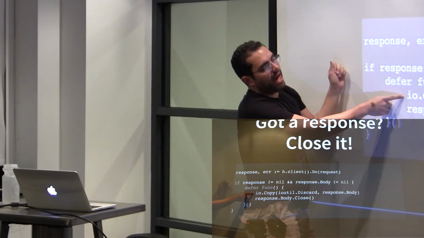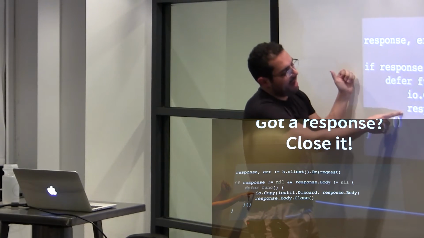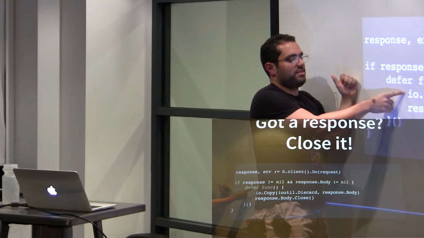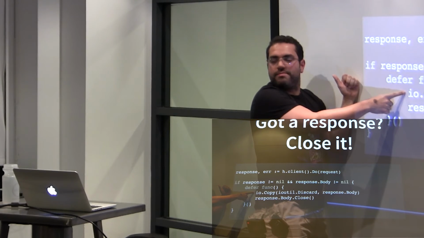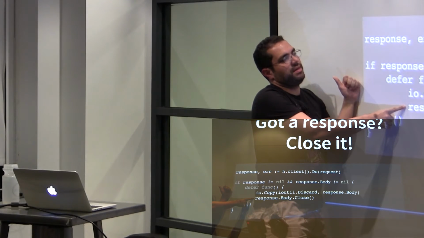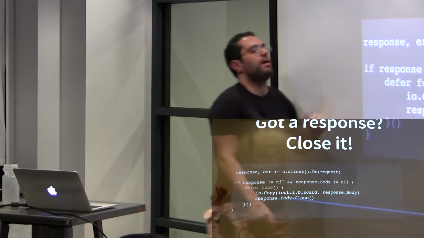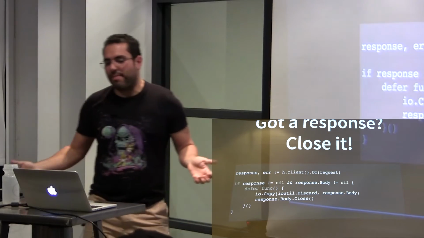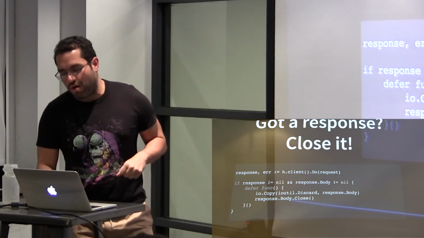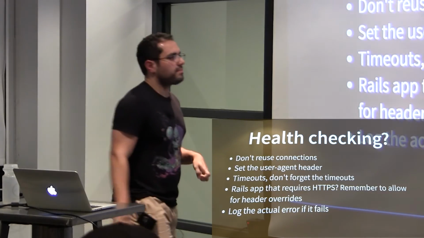You have to read the body to the end, and you have to close the body. If you don't read the body to the end and you only close, this TCP connection is not going to be reused. And if you forget to close, then you're going to have a dangling connection in here, and this is just going to be a file leak on your server. And you don't want this to happen. So if you're building an HTTP client, make sure you're doing this on all of your responses.